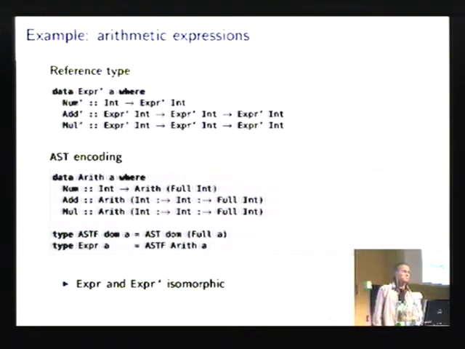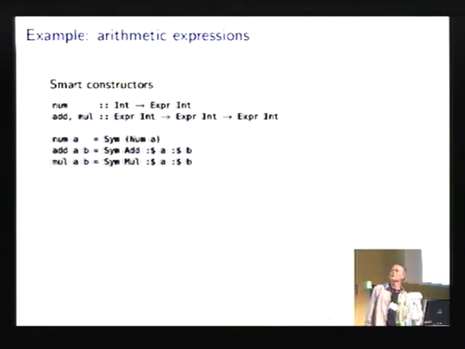We have an actual argument because we're lifting an actual Haskell int to an expression. But otherwise, this is how symbols are defined. Then we say that expr is an AST with Arath as the symbol domain. This gives us two types, expr prime and expr, which are isomorphic, so we can convert back and forth between them.